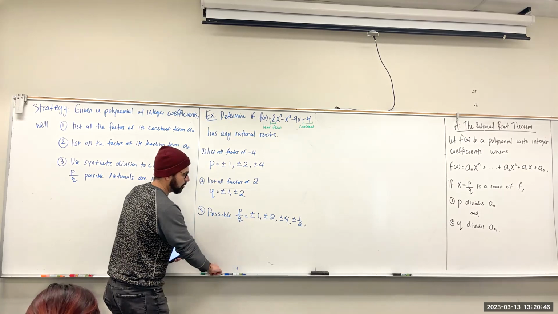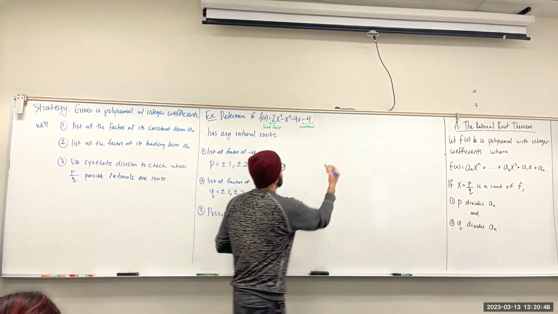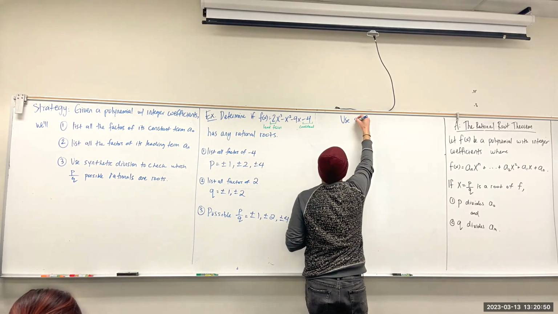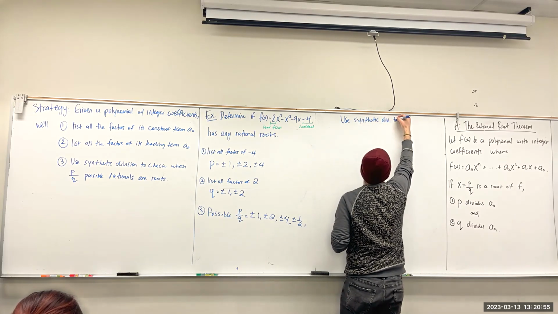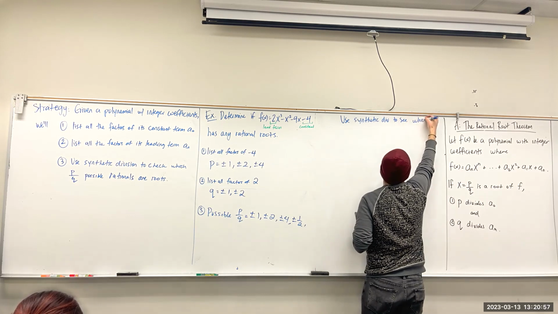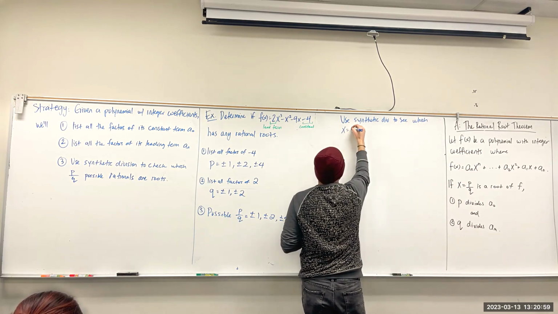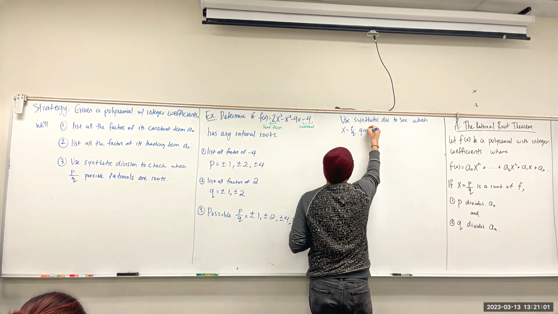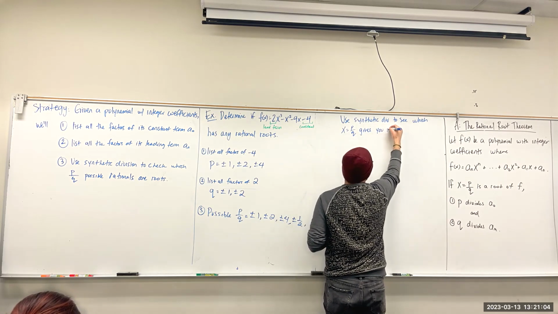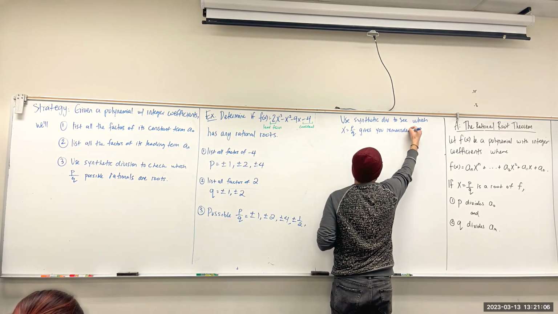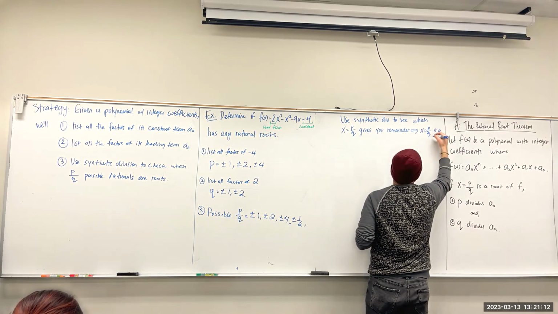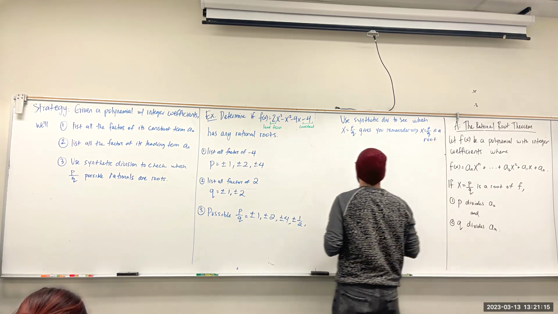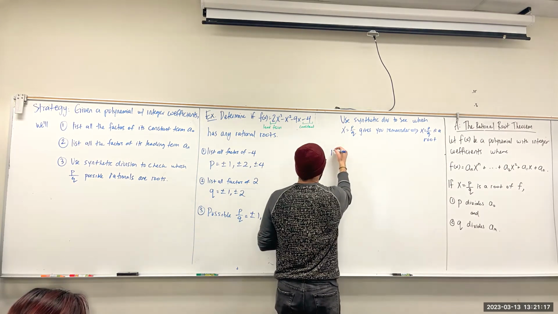Okay, so we're going to use synthetic division to see which x equal to p over q gives you remainder 0, which will then tell you that it's a root. And you said, let's start with just positive 1.